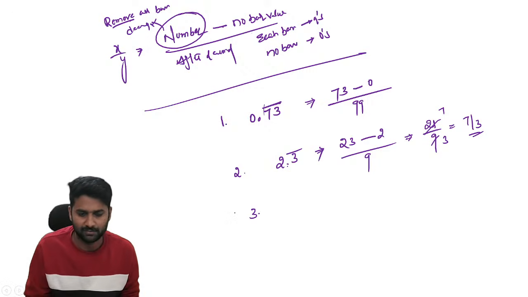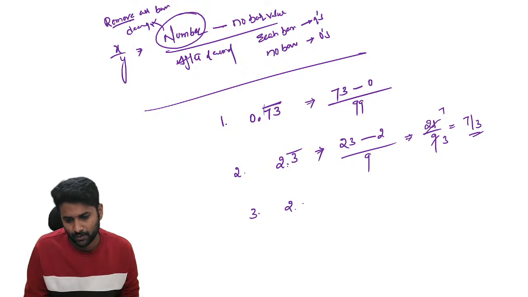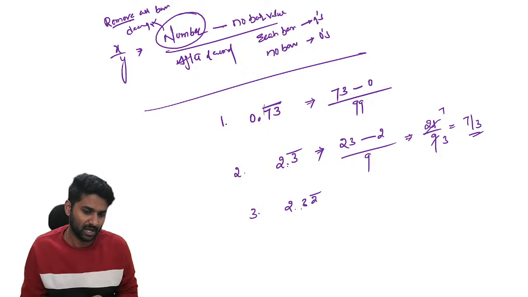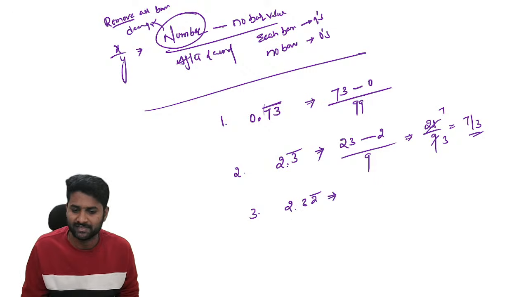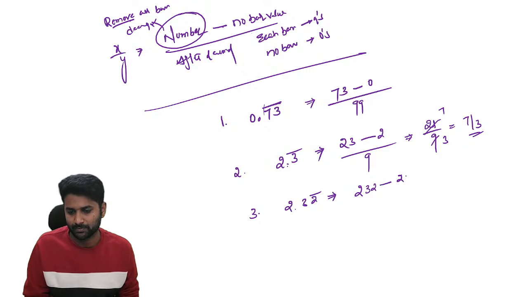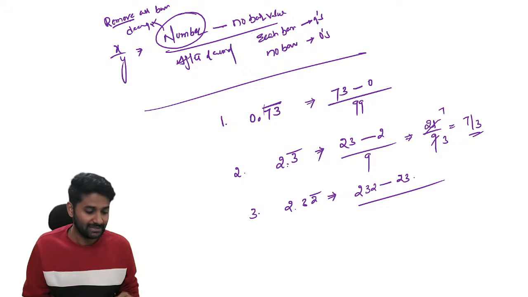Let me take one more example to understand this concept: 2.32 bar. After the decimal, we have a bar value and a no-bar value. First, consider the entire number, which is 232. Minus the no-bar value: 2 does not have any bar and 3 also does not have any bar, so the no-bar value is 23. Now focus on the denominator.